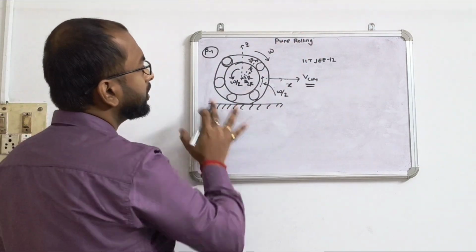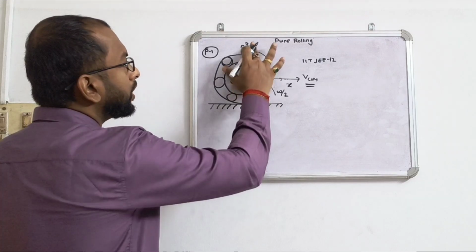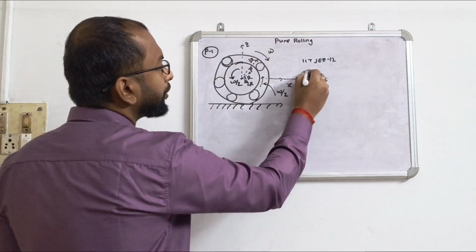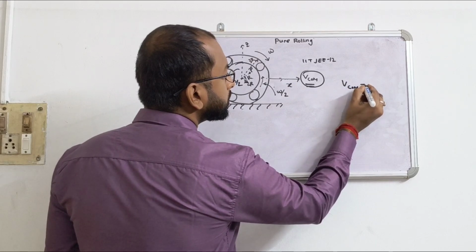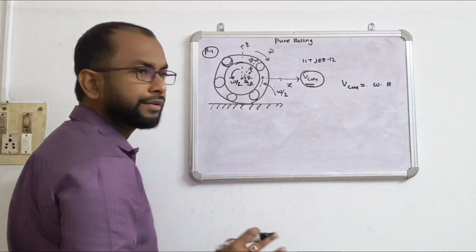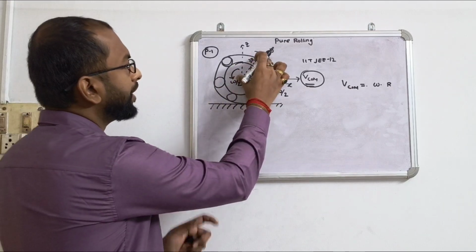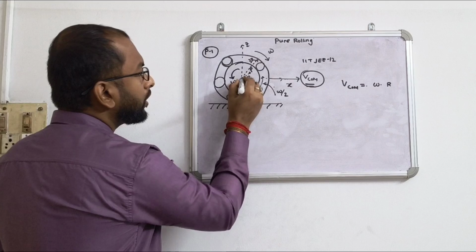As it is pure rolling, with respect to the ground, what should be the velocity of the center of mass? We know the velocity of the center of mass should be omega into radius. But here, what is the radius? 3r is the radius, the distance from the ground to the center.